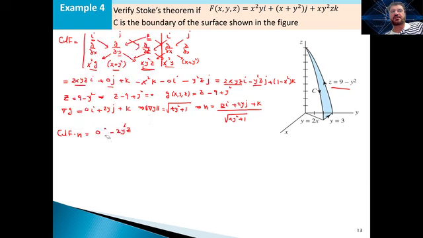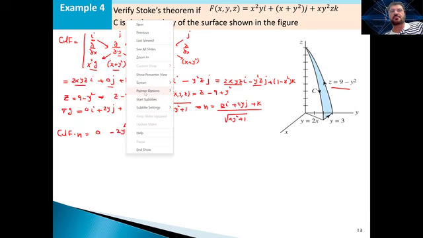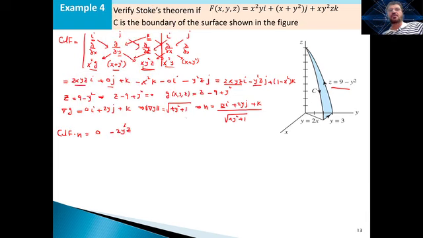It's a dot product between curl f and n. And finally, for the k, you have 1 minus x squared times 1, which is plus 1 minus x squared. This is divided by the square root of 4y squared plus 1. Now, if we take it all, curl f dot n times, oops, we don't have that one yet.